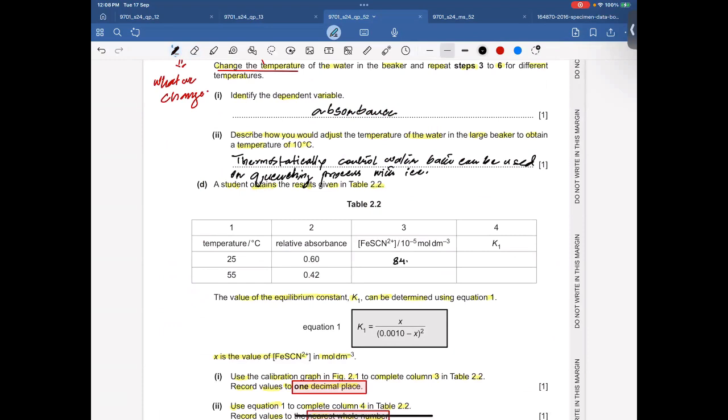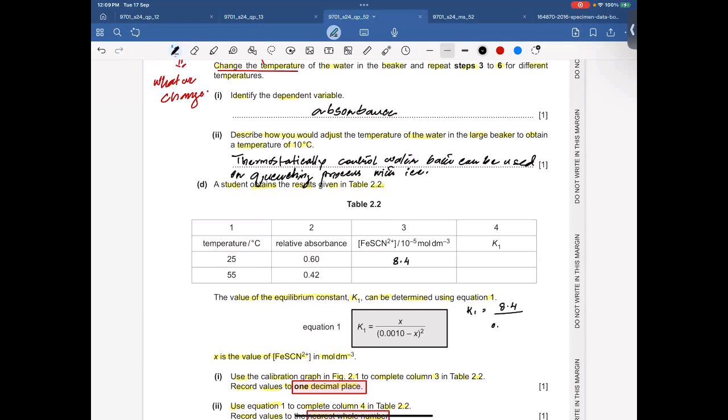And let me put the value of 8.4 here and get the answer. K1 equals to, hold on, 8.4.